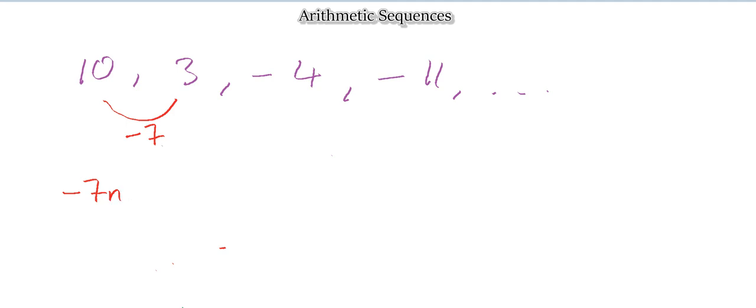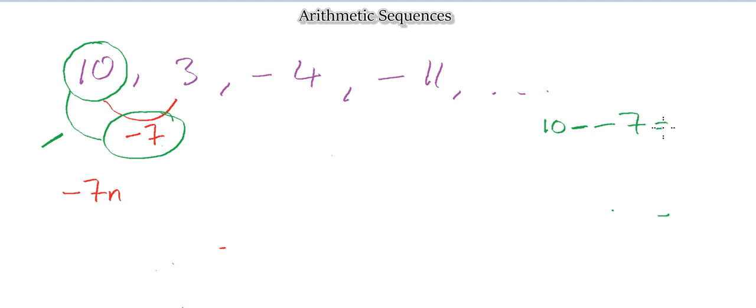Now to find the next number, what we have to do, as we've seen before, is take the first term and take away the difference. Why it's important to write this down is that you have to be very careful here. So that will become 10 take away negative 7.